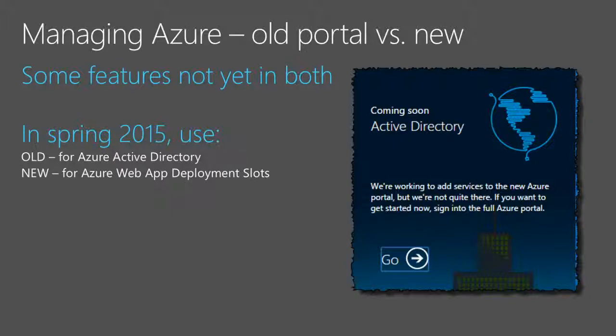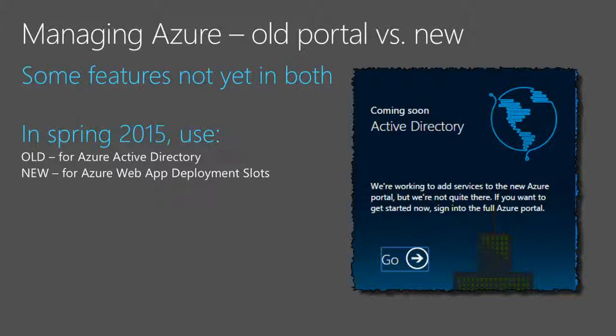Now, a little side note on some of this stuff that we're talking about with Azure. So, you might have seen, if you work with Azure, that we've basically got this situation where there's a new portal coming. It has a lot of the functionality. It's quite a slick user experience. But some of the things that we need to do aren't in there yet. So for some of the stuff that I'm talking about here, we're in this strange world of having to do some things in the old portal and some things in the new portal.